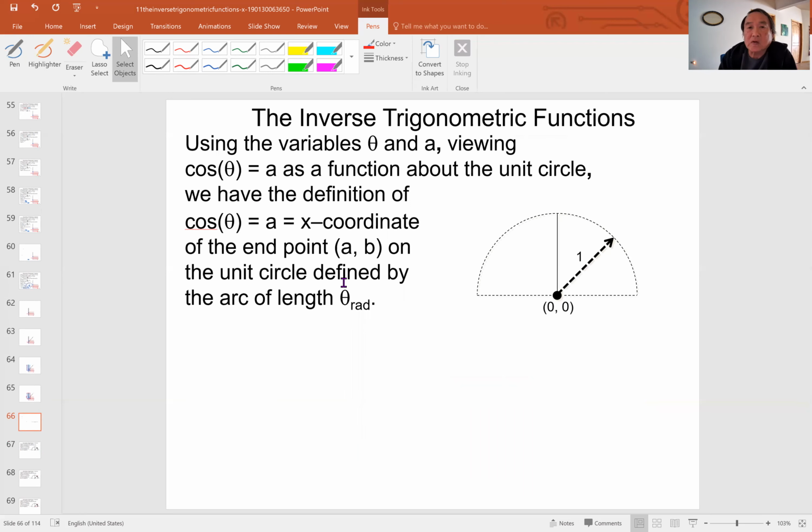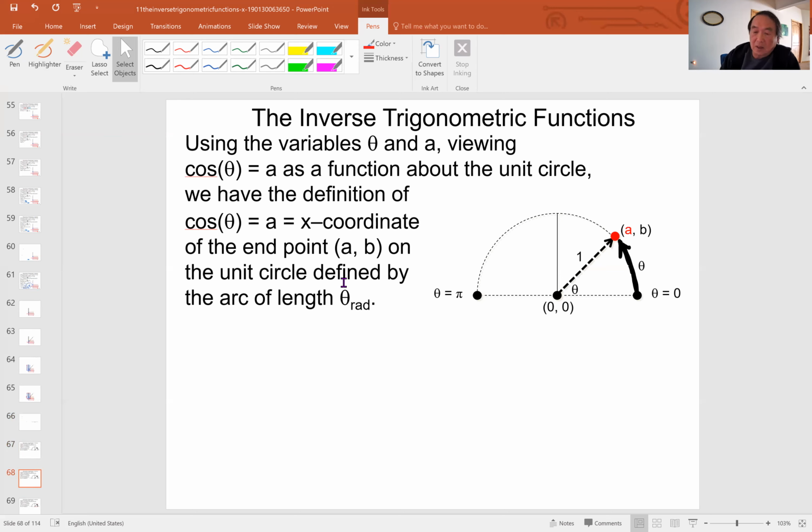And there are other ways to visualize what the output of cosine inverse, the angle, is supposed to be. Cosine is the x-axis on the unit circle.